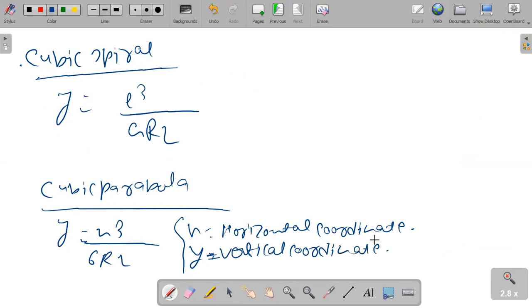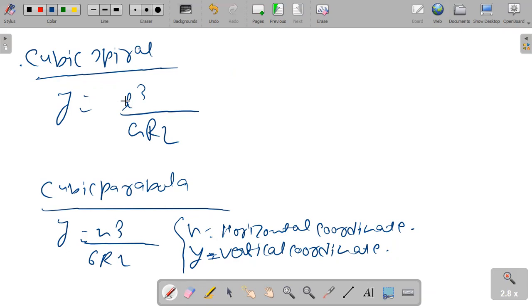Okay, this is it. So these are the types of transition curve: Euler spiral, cubic spiral, and cubic parabola. So yeah, this is the thing.